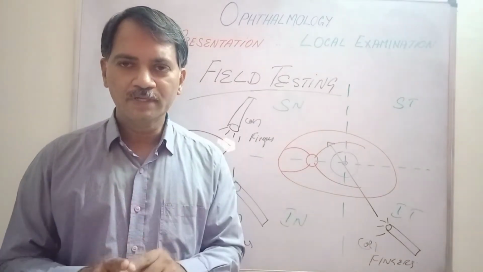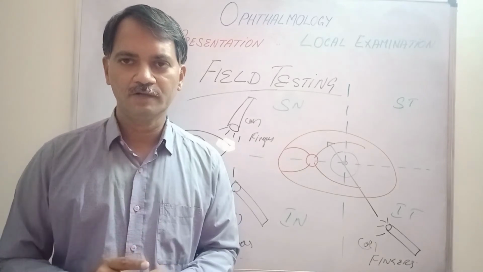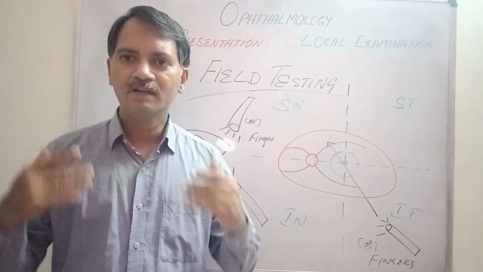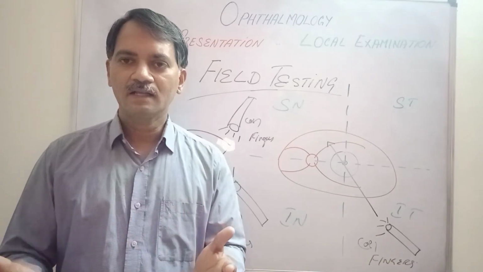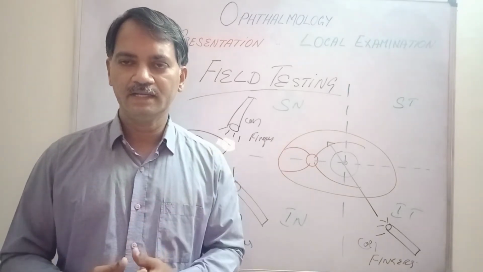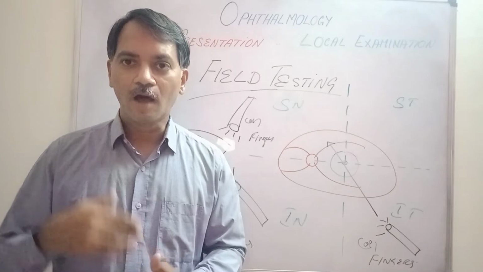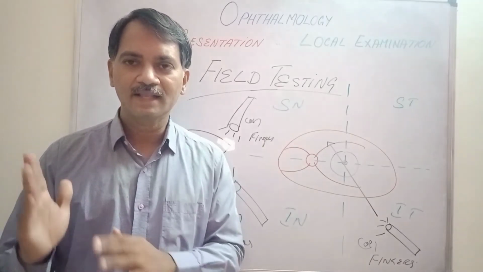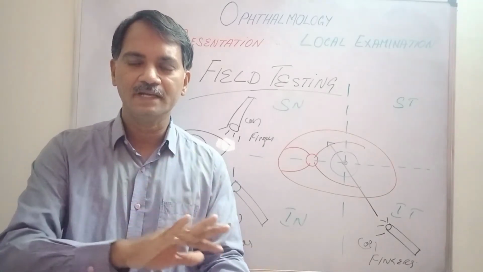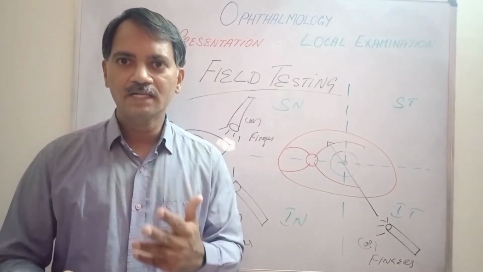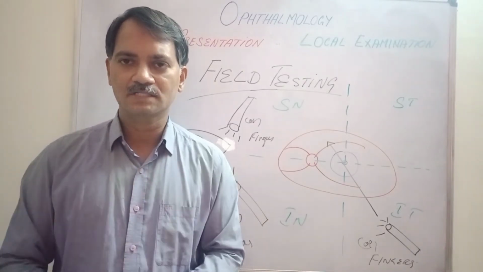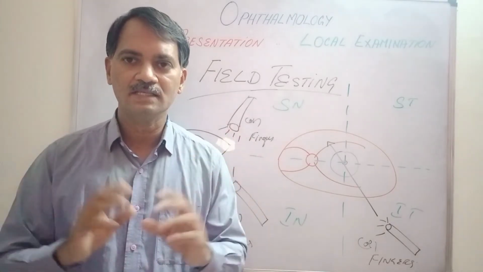Now I want to tell one important thing for everyone. Whatever we are seeing outside, they are seen by our retina either upside down, or the right side is seen as left side and the left side is seen as right side. It is inverted and laterally reversed. That is how our retina sees.